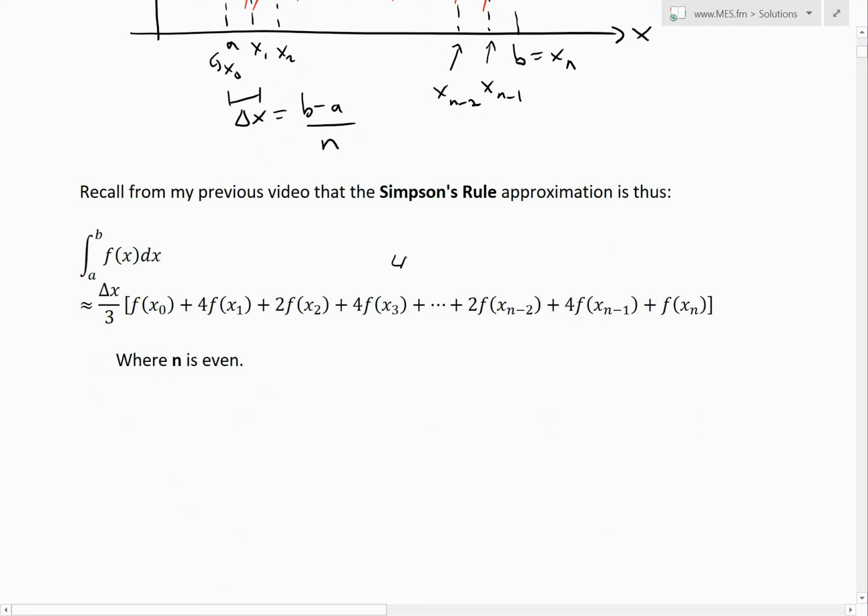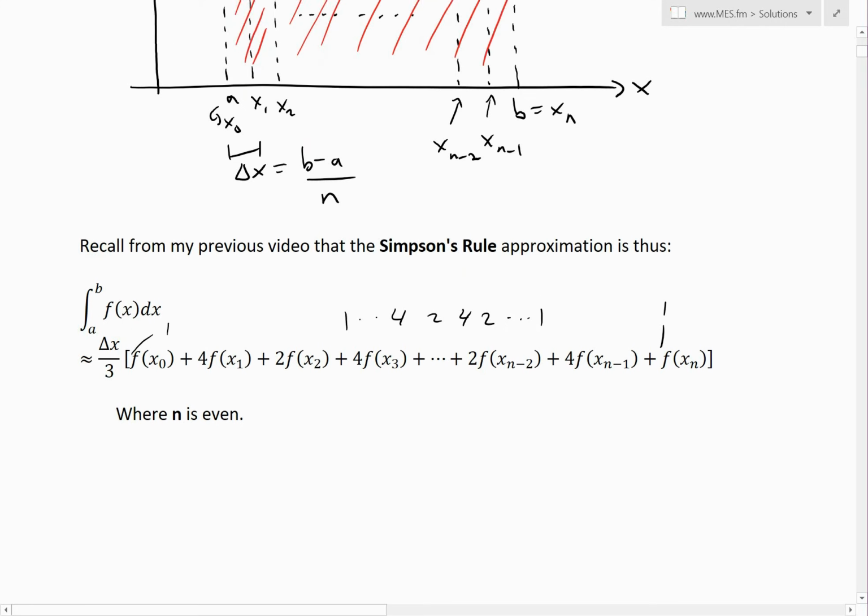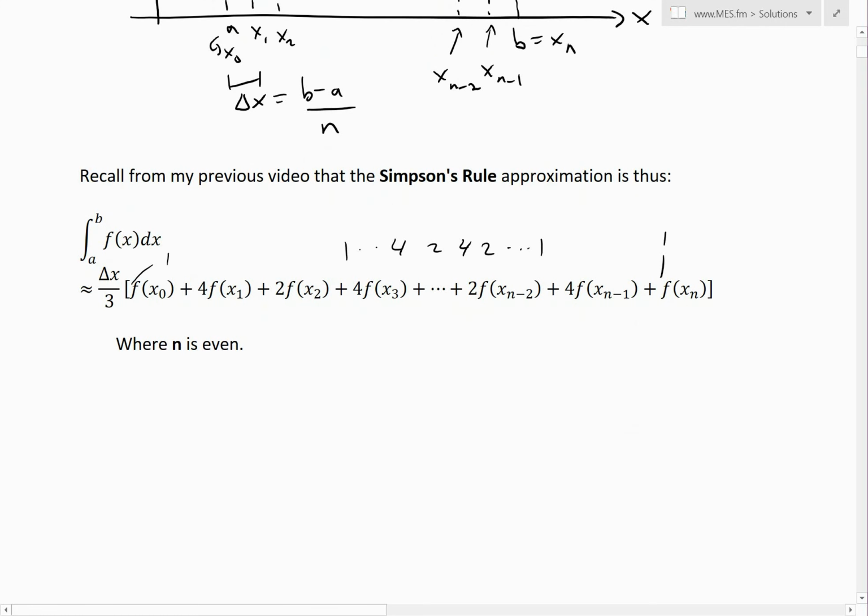It goes 4, 2, 4, 2, etc., and then there's a 1 at the end, and at the beginning there's a 1 in the coefficient. It goes to 4 f of x(n minus 1) plus f of xn. So that's the pattern. You can see in my earlier video how I derived that.